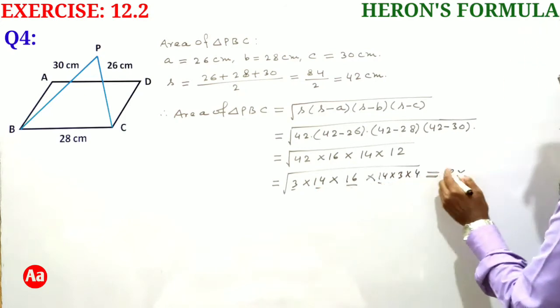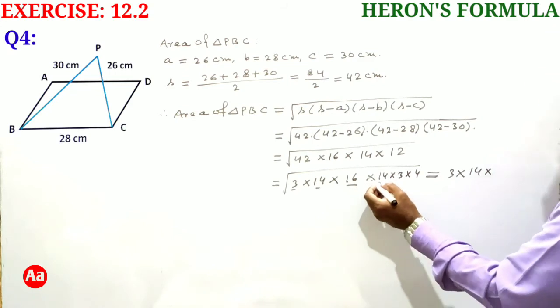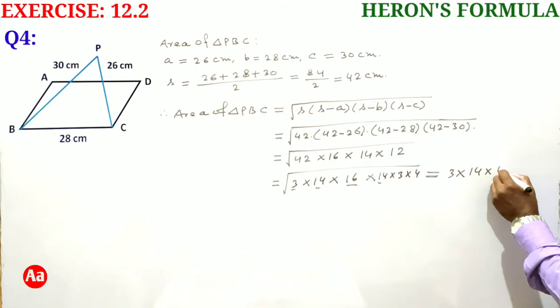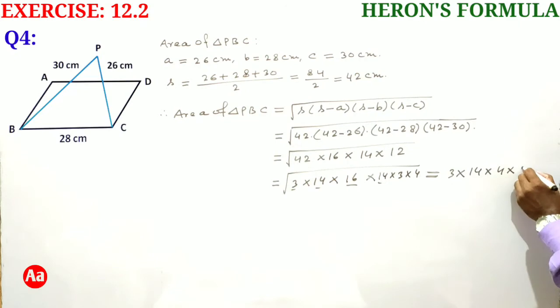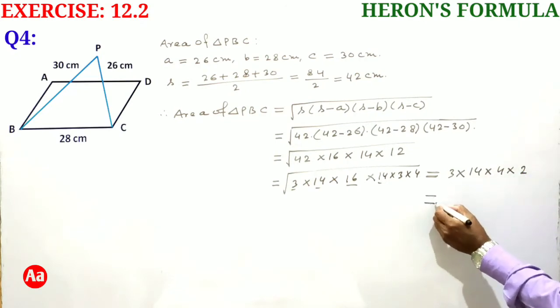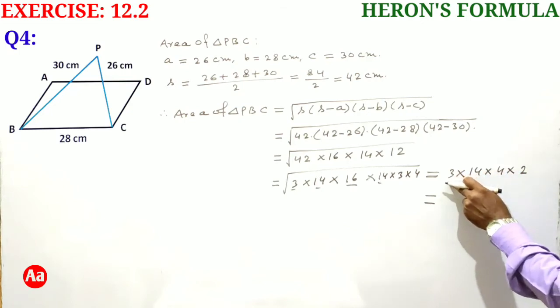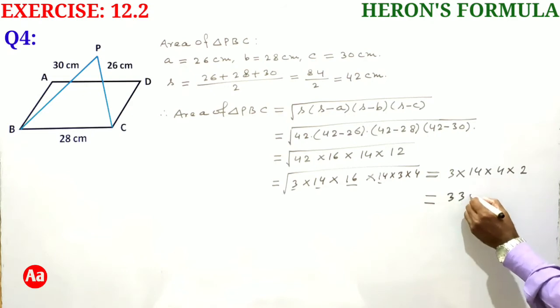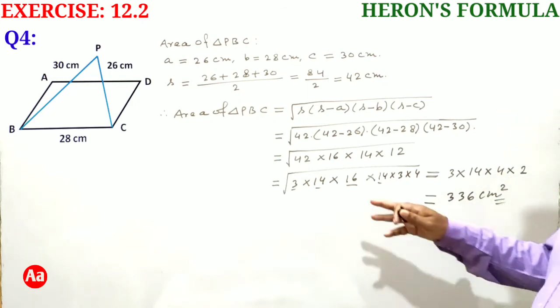So 14 into 14, square root of this is 14, and 16 is 4 into 4, already a perfect square number. So 2 into 4 is 8, 8 into 3 is 24, into 14 is 336 centimeter square, and this is area of triangle PBC.